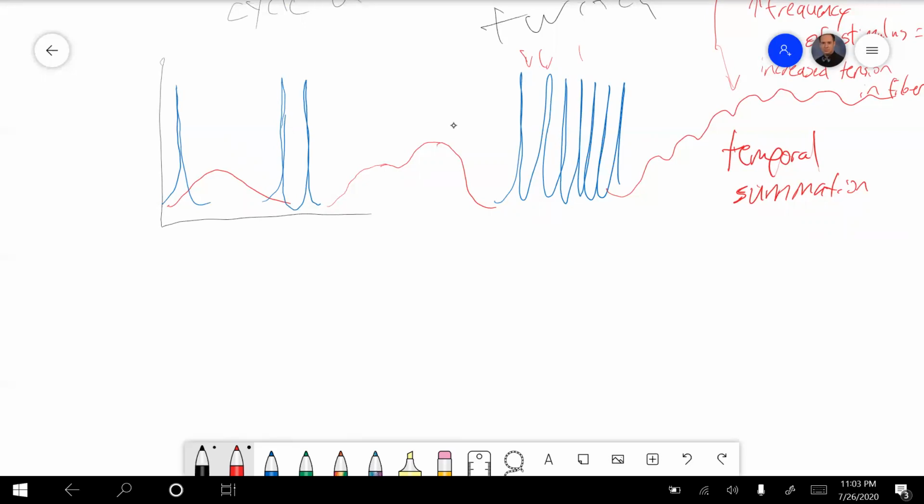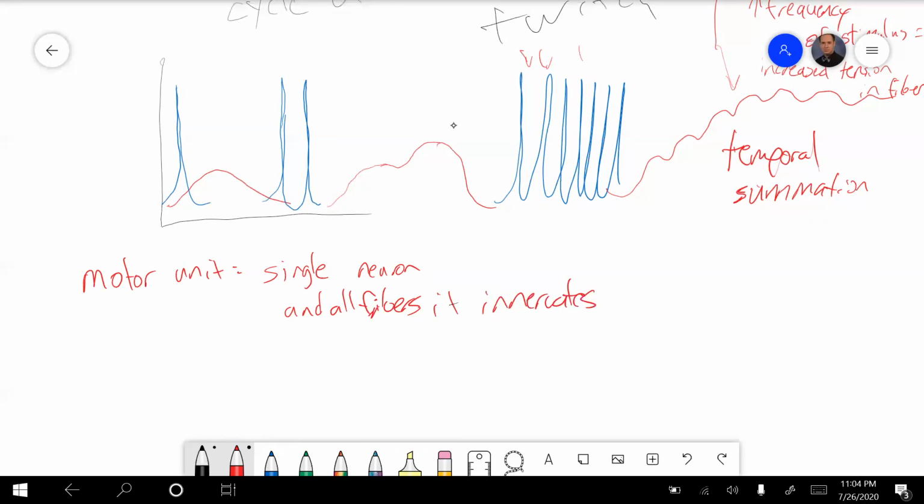Fibers are in things called motor units. A motor unit is a single neuron and all the fibers it innervates or controls.